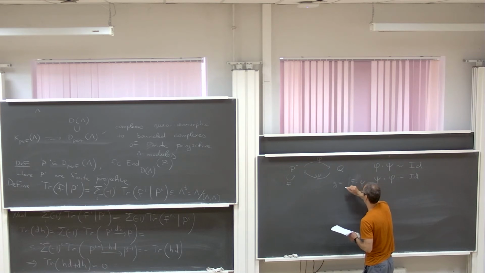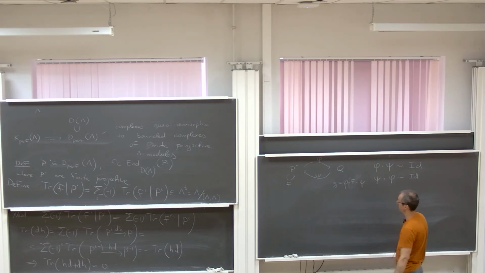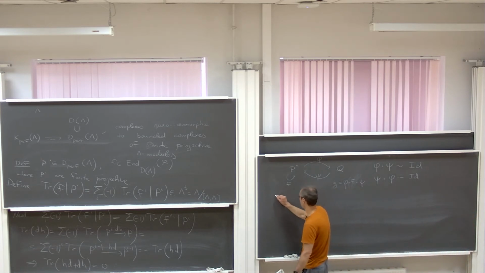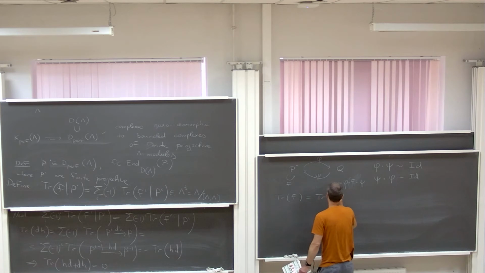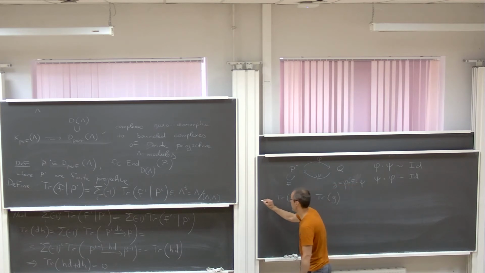F composed with phi. Good. So what we need to check is that the trace of F is equal to the trace of G, right? That's what we need.